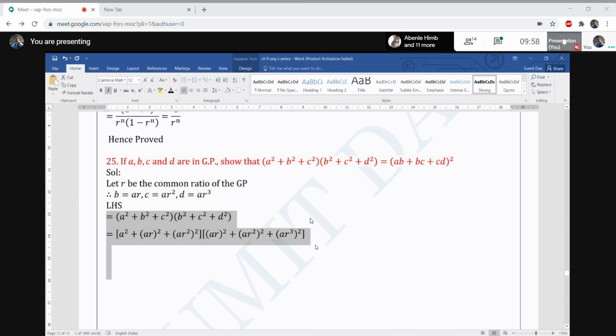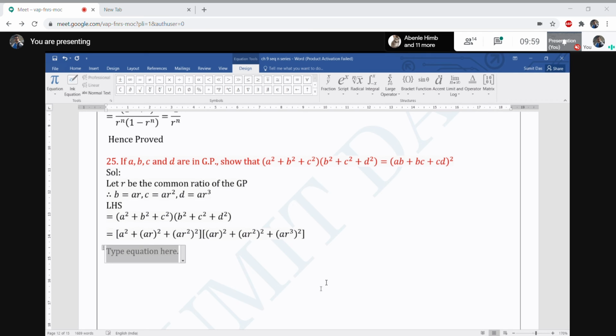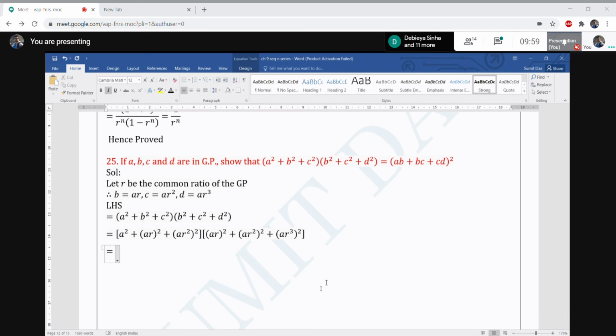Then just simplify: a square plus (ar) whole square, so it will be a square r square, then plus a square r to the power 4.